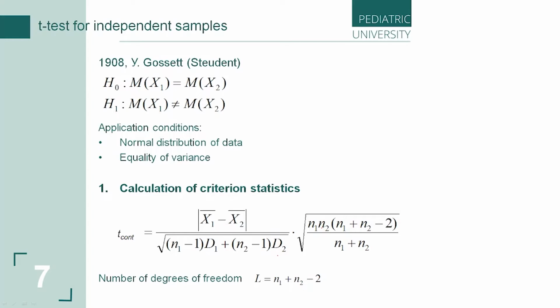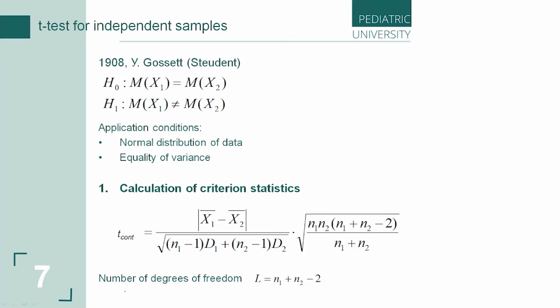The number of degrees of freedom is an important notion on which the critical values of the criterion depend, which we look for in the tables. It's calculated as the sum of the numbers of elements of both samples minus 2. This is the number of degrees of freedom. So, for example, we calculated t control for our sample.